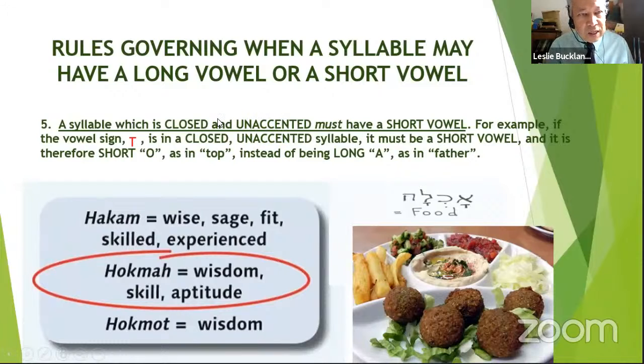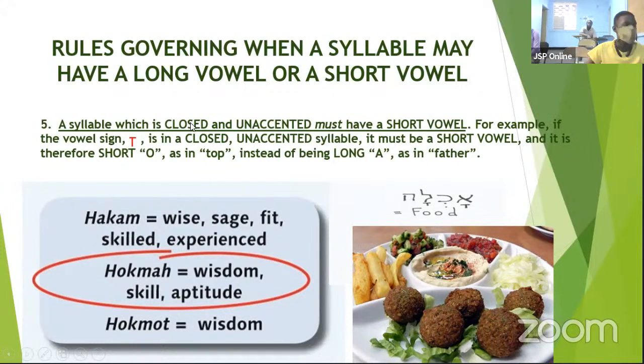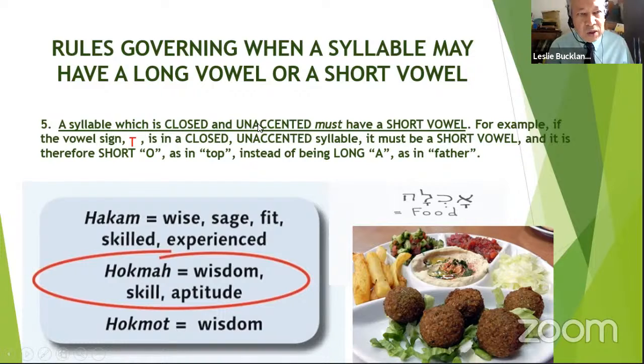The rule says that if these two conditions are present in a syllable, the syllable is closed and the syllable is also without any accent, then it must, I have put the word must in italics, that is, the letters are leaning, to emphasize that this is something necessary.